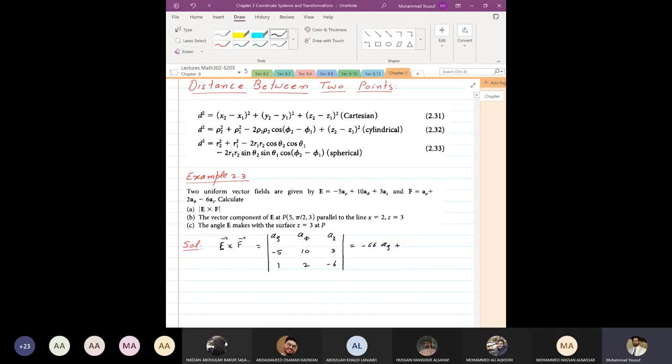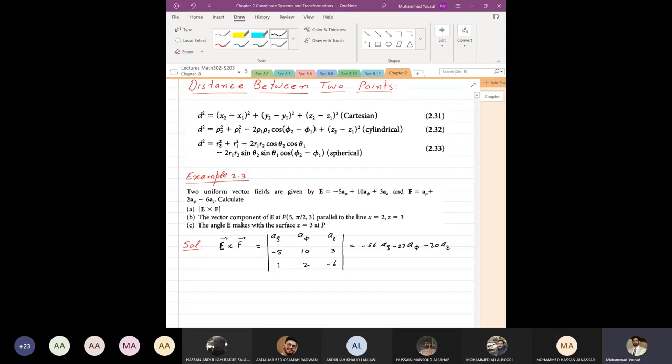With a phi, 30 minus 3, plus 30 minus 3, 27. So minus 27 a phi, and then -10 -10 minus 20 a z.